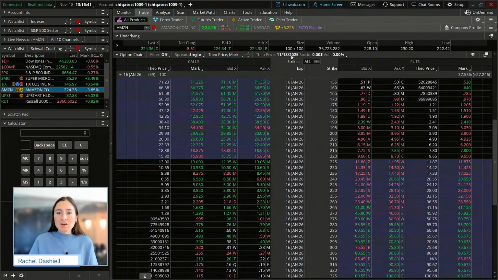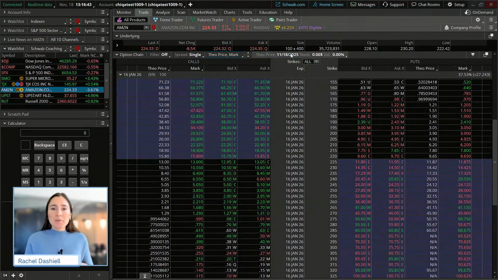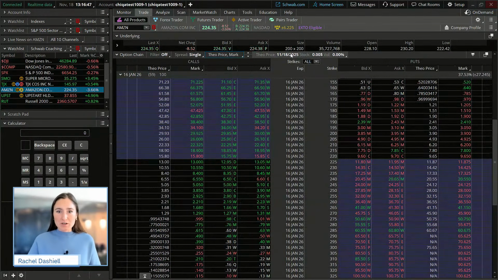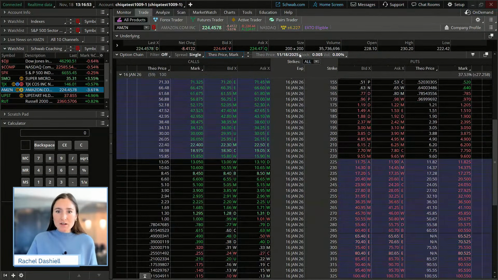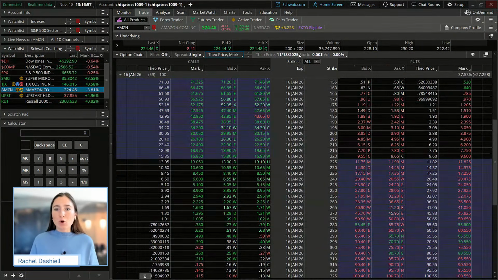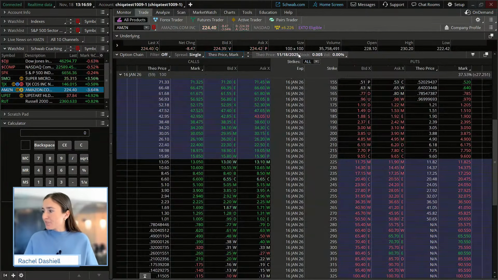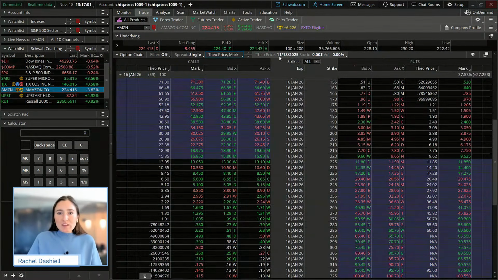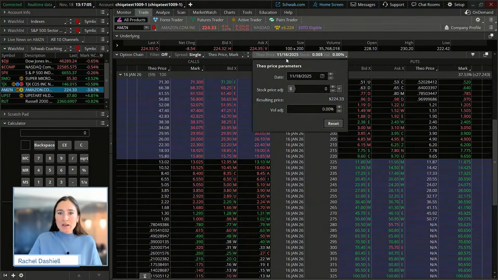And this will give us a way to pick a date and time for the time that we're holding this option, pick a direction of the stock movement, and pick a volatility adjustment to really simulate what the price of our option would do over the life of the option. So if I click on Theo Price here, and I look at today's date, we are on the 18th right now.